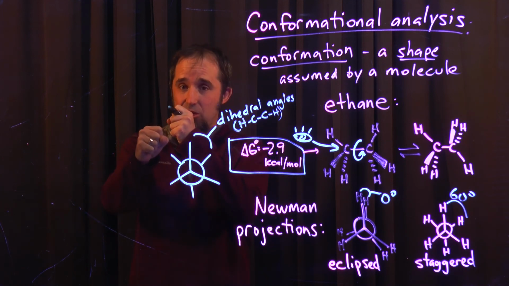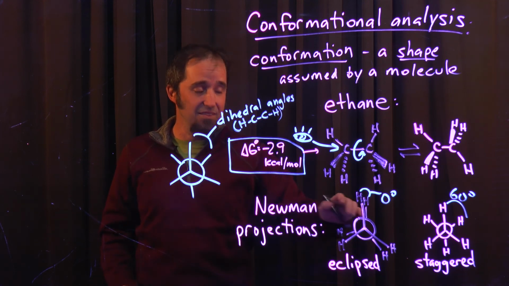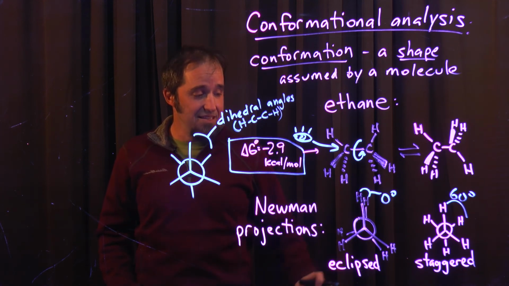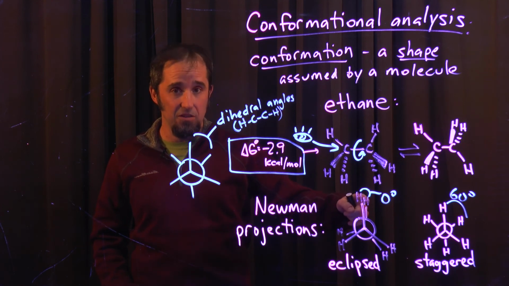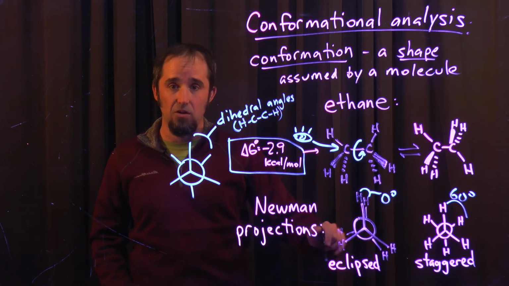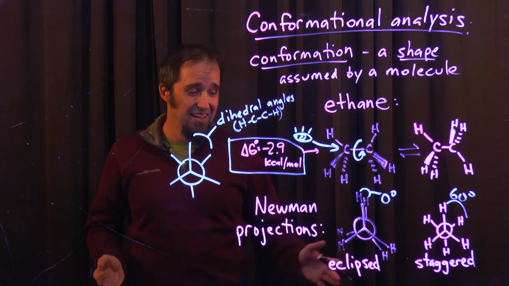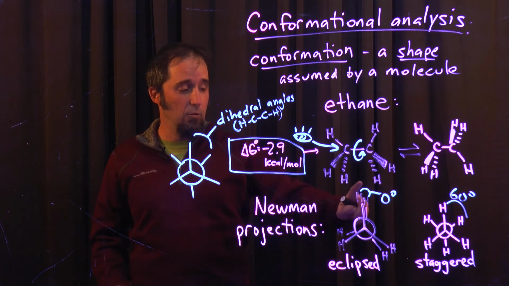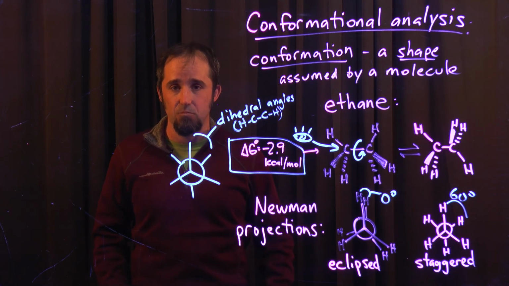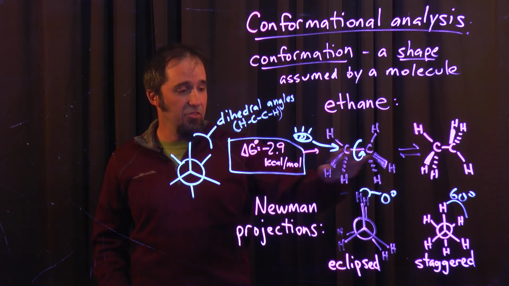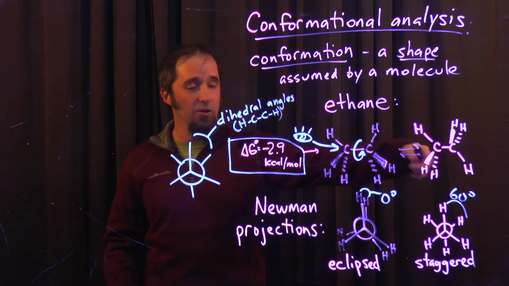There's electron-electron repulsion between these hydrogens, and so that's destabilizing. Notice that if I line up these two, I'm also lining up these two and these two. So one way to think about this is a little less than 1 kilocalorie per mole per eclipsed hydrogen. Overall, this is about 3 kilocalories per mole favoring this side.